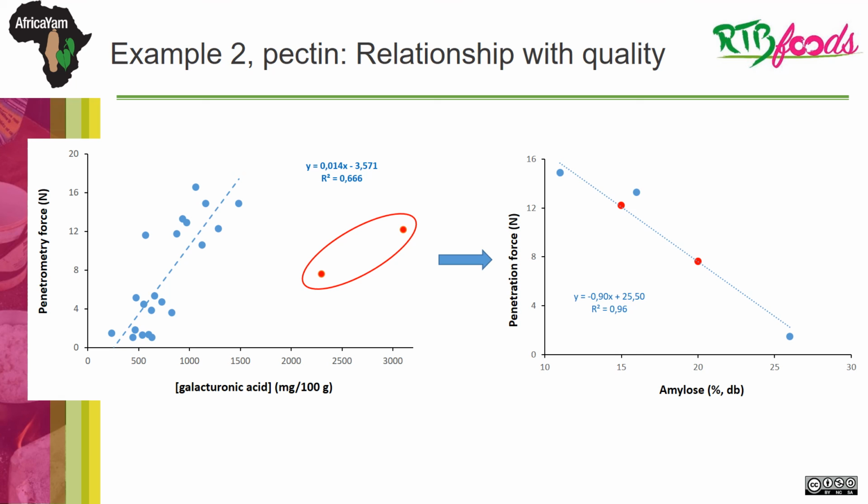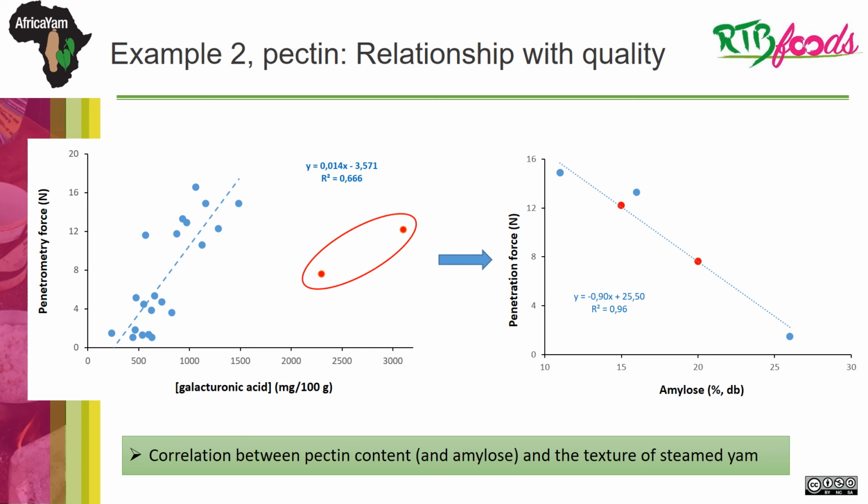This can be linked in this case to another component. In this case, you can see these tubers in red are quite correctly correlated with penetrometry force when you take into account the amylose content. So we can establish in this case too a correlation between pectin content and amylose and the texture of steamed yam.